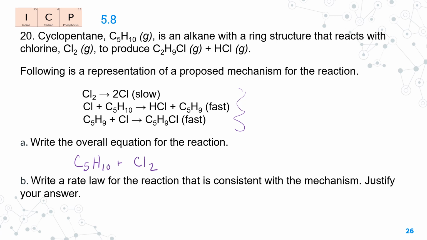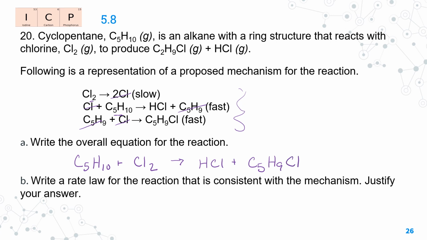So my C5H9 is going to cancel here and here. My chlorines are going to cancel there and there. My Cl2 is left. My C5H10 is left. On my product side, I have my hydrochloric acid, and I have my C5H9Cl.